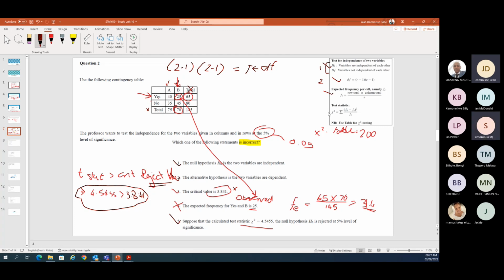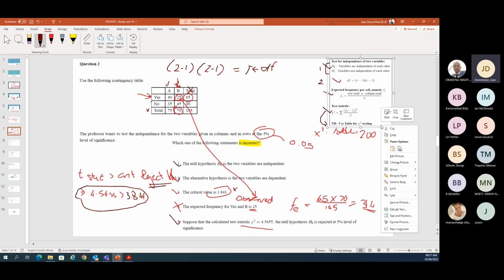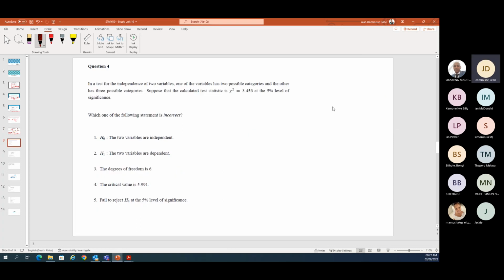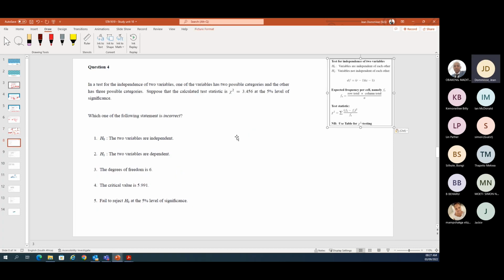They did not ask you to work that out, but they asked you to use it with the table, because you needed it for the critical value, to make a decision about reject or not. In most of your instances for the chi-square, this will be the way that we will go through it.